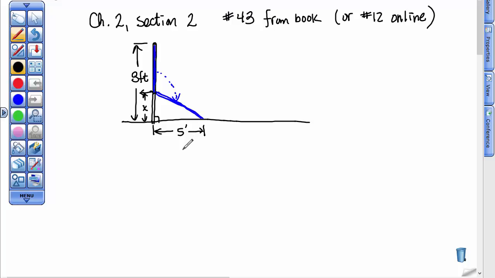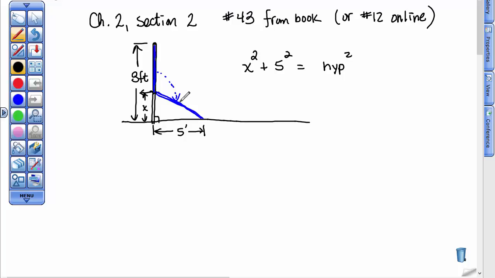And so we're going to use the Pythagorean theorem for this. It says to take this leg squared plus this leg squared and let it equal the hypotenuse squared. So it says take x squared plus 5 squared and let it equal the hypotenuse squared. But I don't have an expression for the hypotenuse right now.